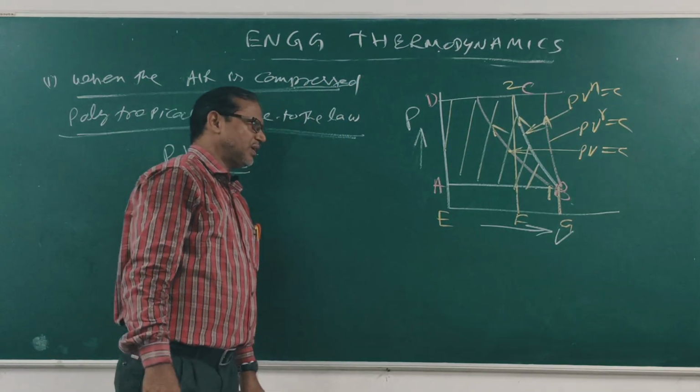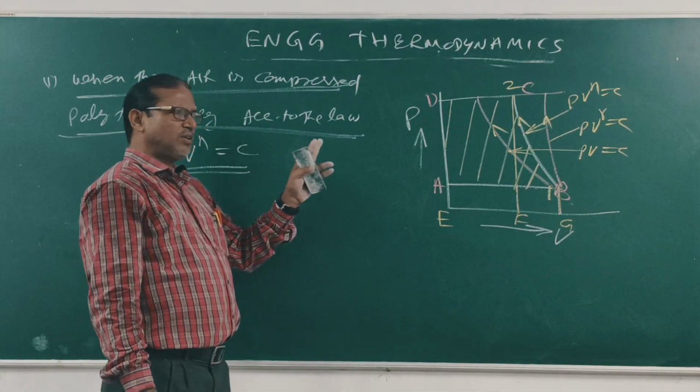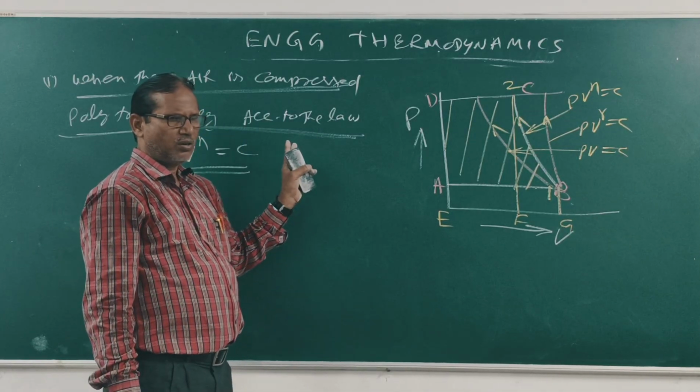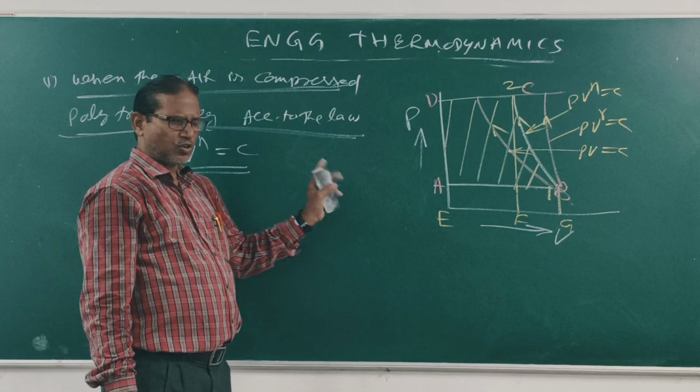Right? When the gas is compressed polytropically from 1 to 2, according to the law PV to the power of n is equal to constant.